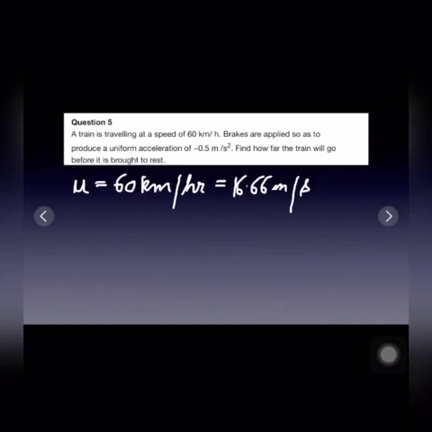Brakes are applied so as to produce a uniform acceleration of minus 0.5 meter per second square. So here negative acceleration, which means retardation, is given to you as minus 0.5 meter per second square. How far the train will go before it is brought to rest?